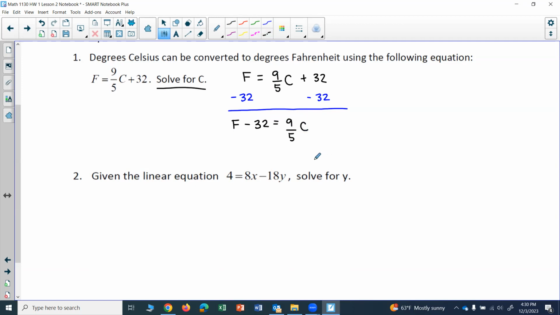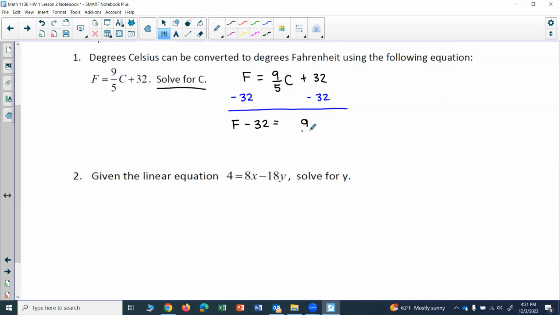Now, the step that I would have to do next is I can multiply by the reciprocal, or the flipped fraction, that's attached to the variable I'm trying to solve for. So let me actually move that 9/5 C over just a tiny bit and leave some space in front of it.